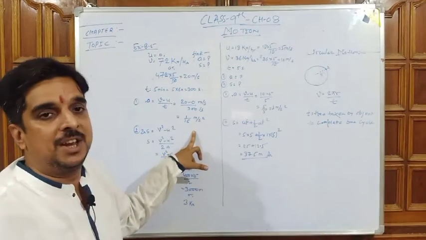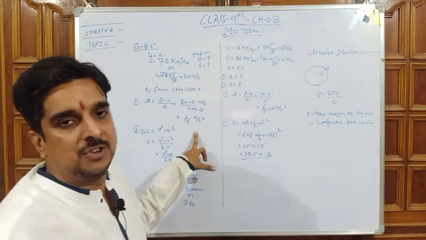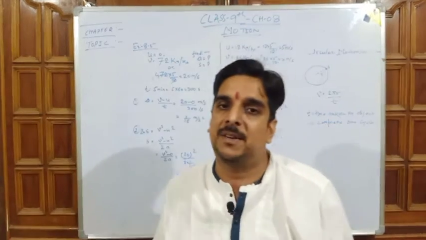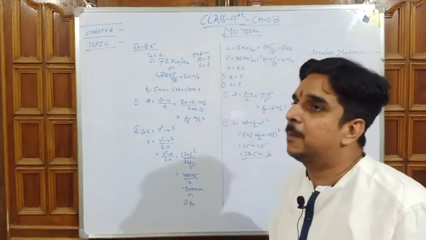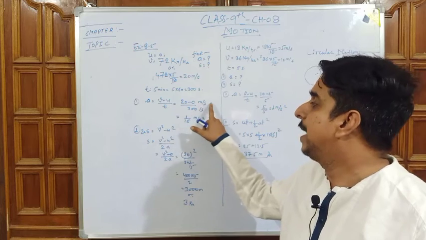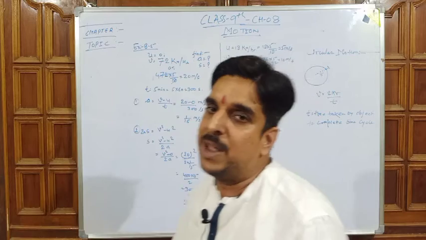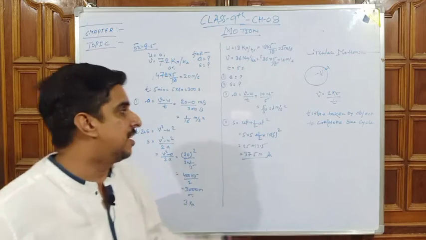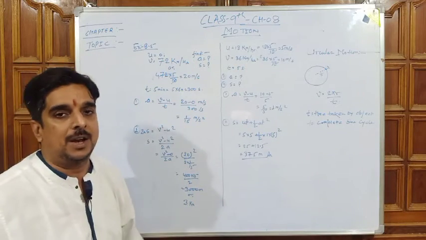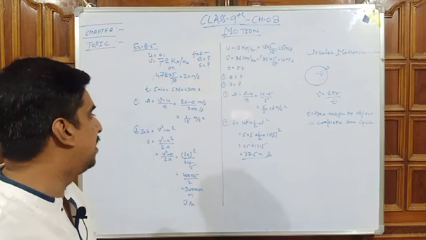After calculating, we simply get acceleration equal to 1 by 15 meter per second square. Why meter per second square? Because meter per second, divided again by second, means meter per second into second. So the unit of acceleration will be meter per second square.